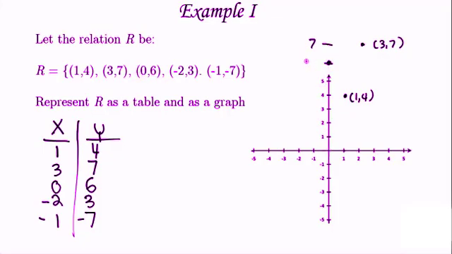Then -2 for the x value, and 3 for the y value. And then finally, -1 for x, and then -7 for y. So -1, and then down here at -7.